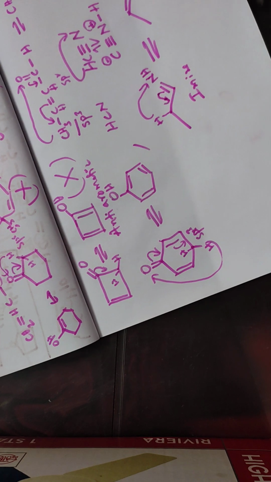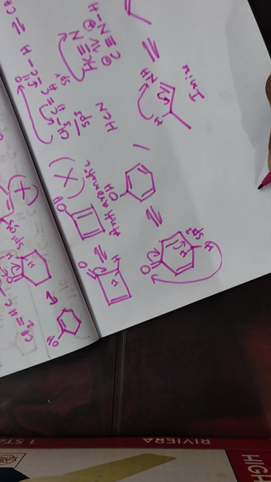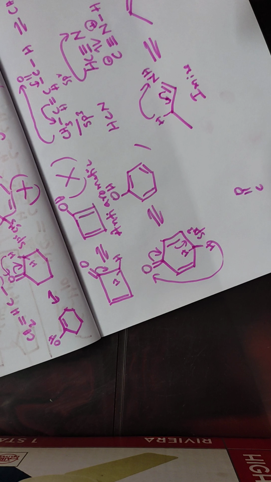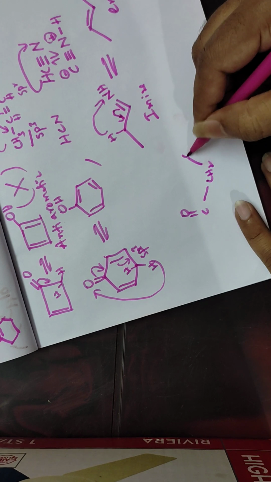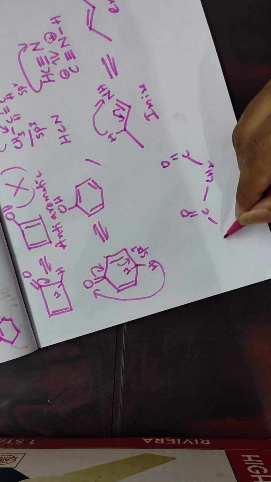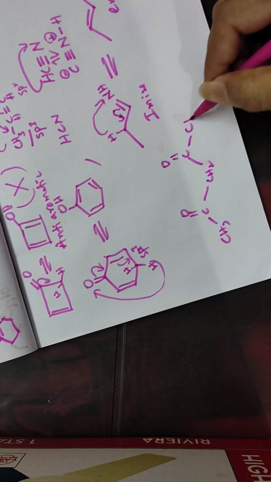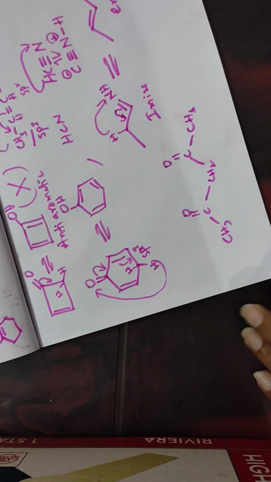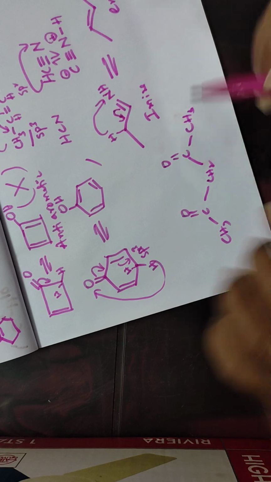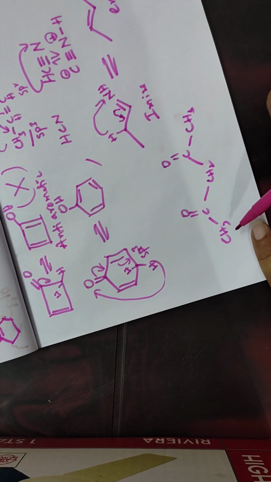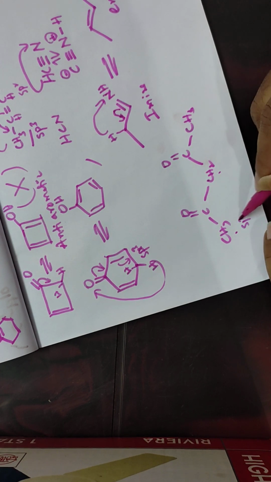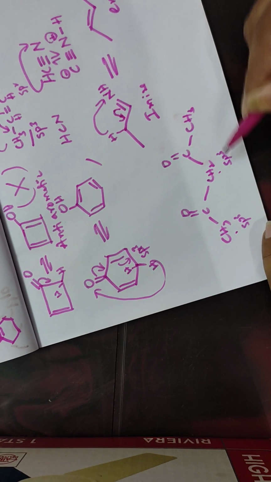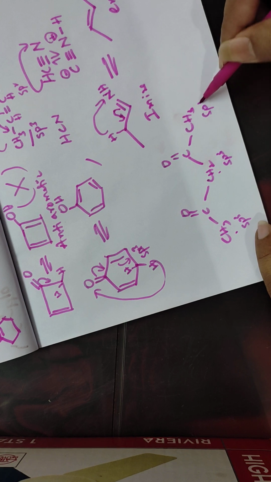And the last example, you see, C double bond O, and CH2, C double bond O, CH3, CH3. This is the compound. Here observe, it is also an alpha carbon, sp3 hybridization. This also is an sp3 carbon.